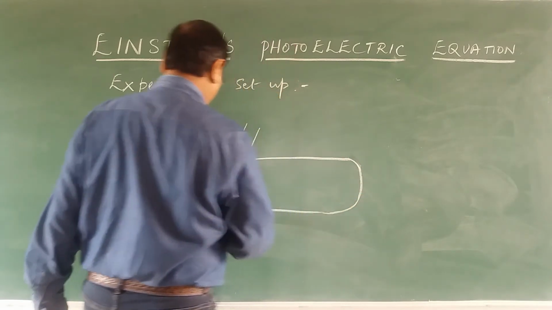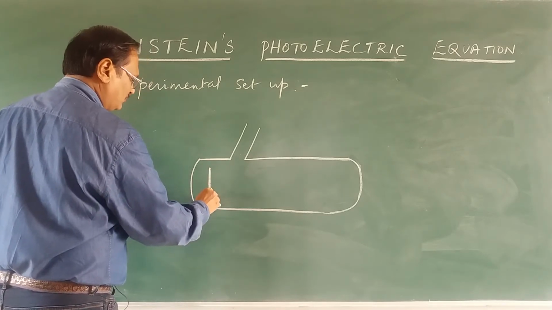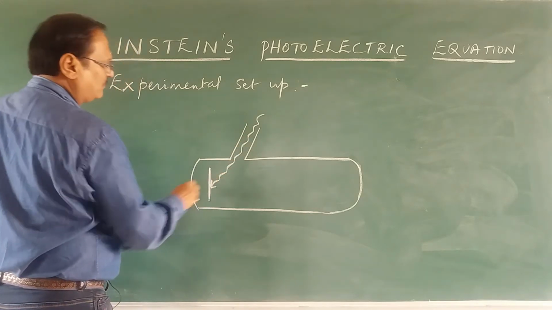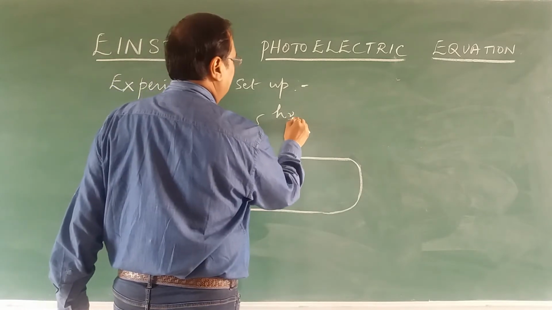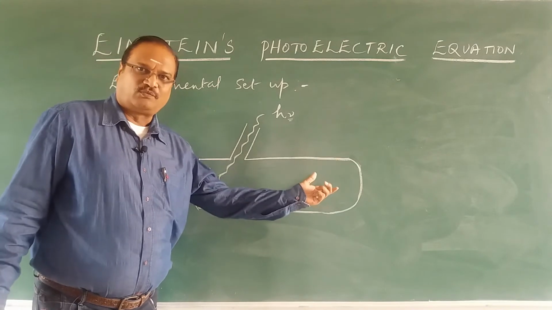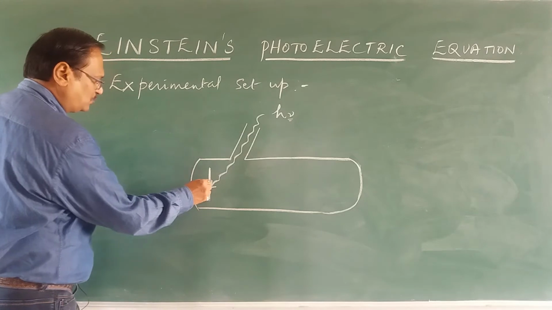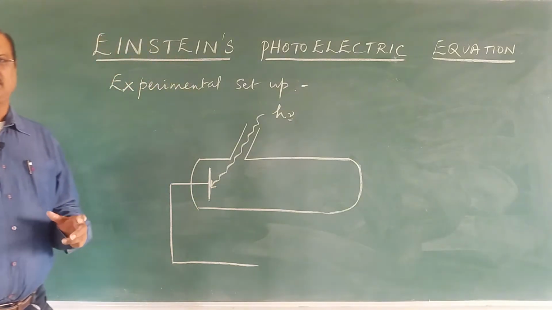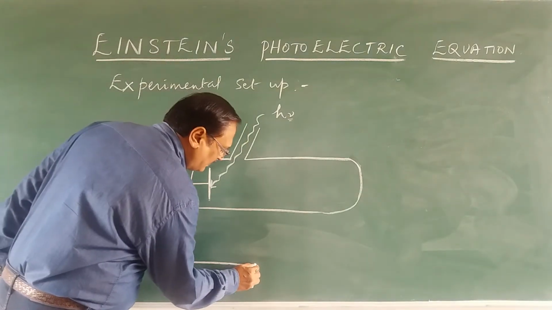This is the phototube. Let me draw it a little better. It has an electrode on which the photons are going to be incident. The energy of the photon is h nu, and we know this is the minimum energy without which it cannot emit the electrons. Let me connect this to a battery. The real circuit is more complex, but I am going to simplify it for you to understand the concept.